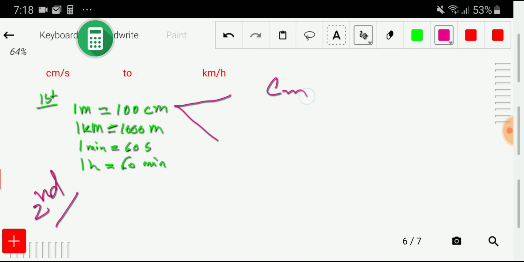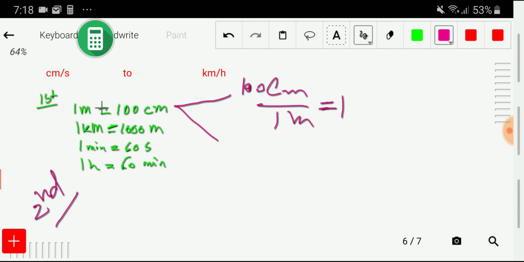If you take centimeter as a numerator, then you have to take meter as a denominator. Then you have to write the associated number. With centimeter you have 100, and with meter you have 1 here, and this conversion factor will be equal to 1.